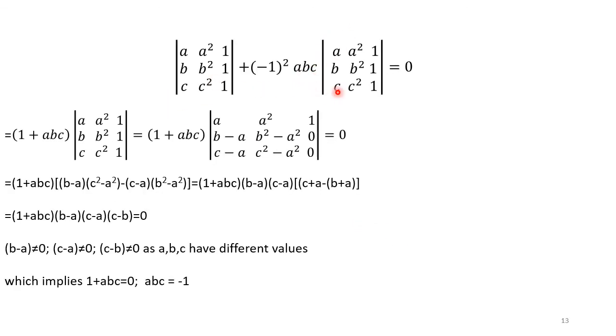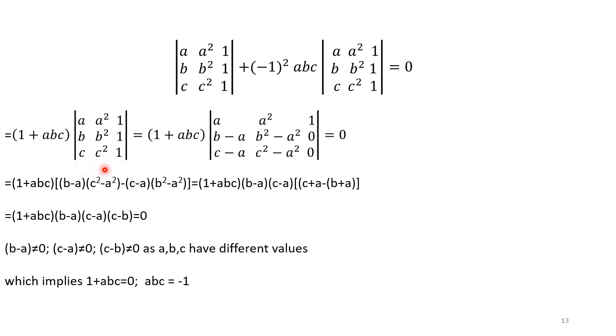Further, I will make another column exchange: the second column is exchanged with the first column. When I do the interchange operation, I have to multiply by minus 1, so it becomes minus 1 whole square. Now I can write this as 1 plus ABC multiplied by the determinant of the matrix A, A square, 1; B, B square, 1; C, C square, 1.